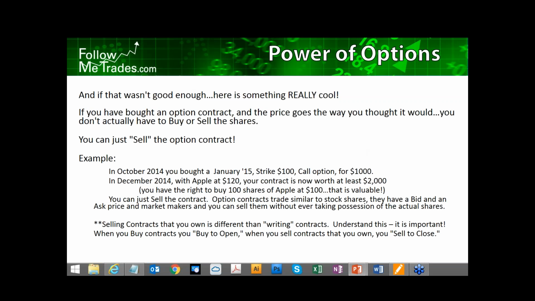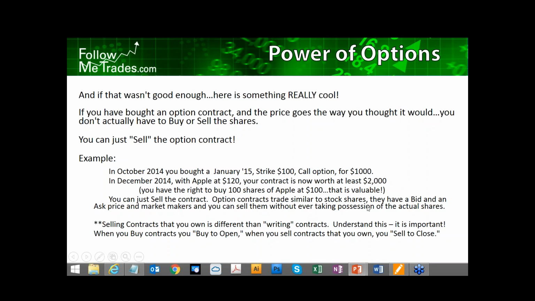It's axiomatic. This contract gives whoever owns it the right to buy 100 shares at $100 and sell them at the market, so it's intrinsically worth $2,000. That's valuable, and you can just sell the contract. Contracts trade just like stocks do, similarly. They have a bid, an ask, and a market maker, and you can sell them without ever taking possession of the actual shares.